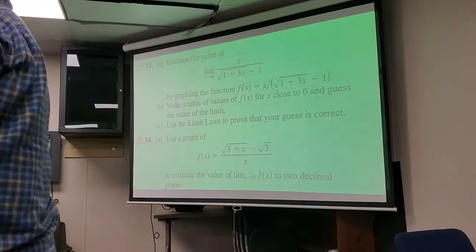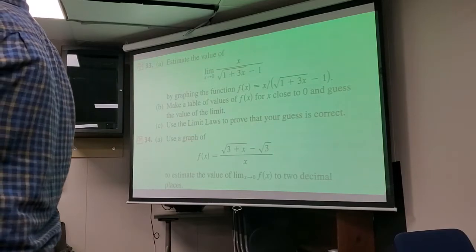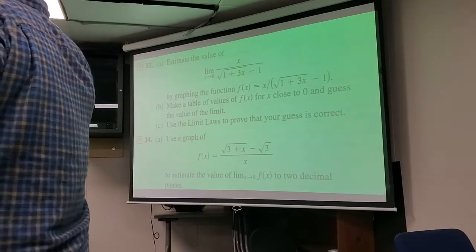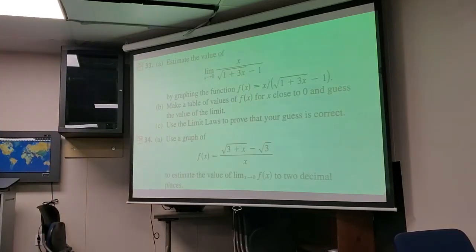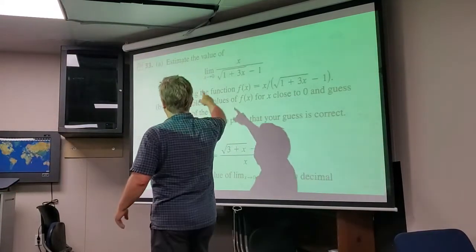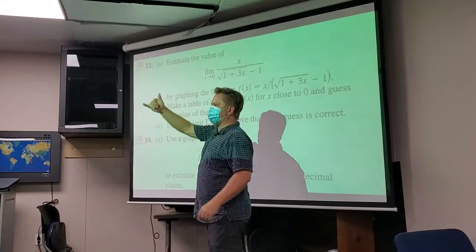I tried to plug 0 in, and it didn't give me an output, of course, because it's not defined at 0. You mean crossing the y-axis? Yes. So essentially we're trying to find what this guy's y-intercept should be.